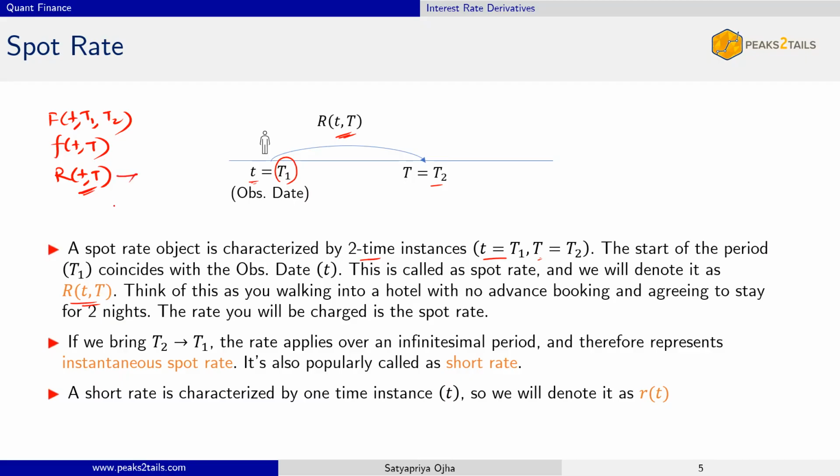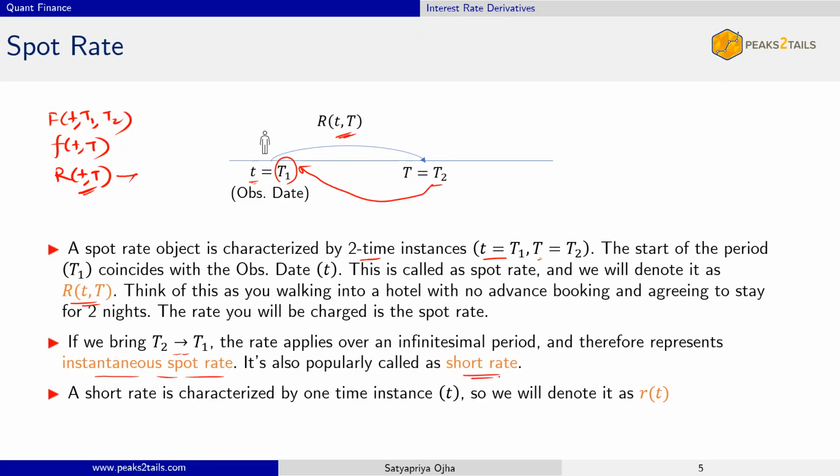Again, on this, if I bring T2 close to T1, so T2 is 1 instant after T1, then obviously it becomes the instantaneous spot rate. That means your rate is starting right away, but the period for which it is applicable is just 1 instant. Instantaneous spot rate.